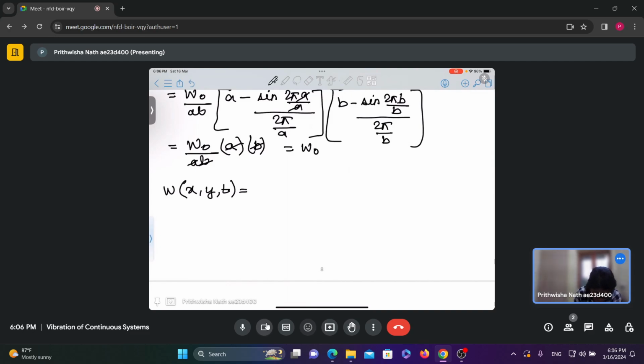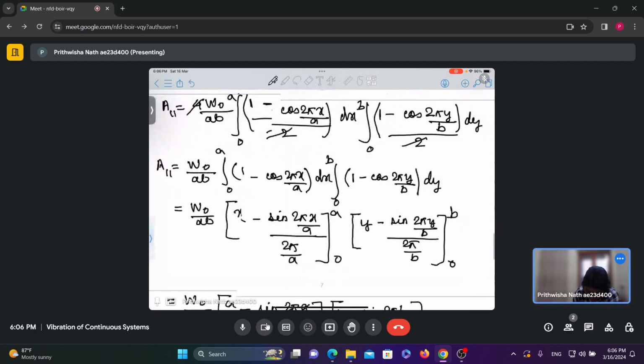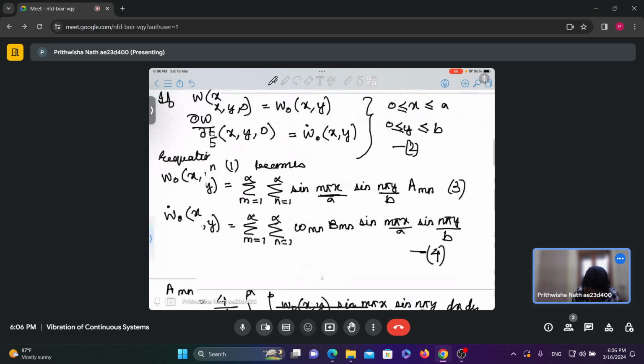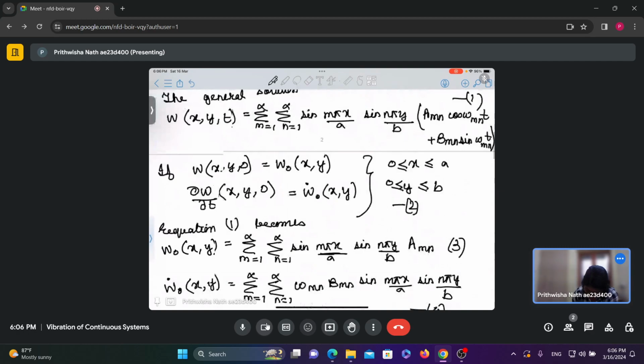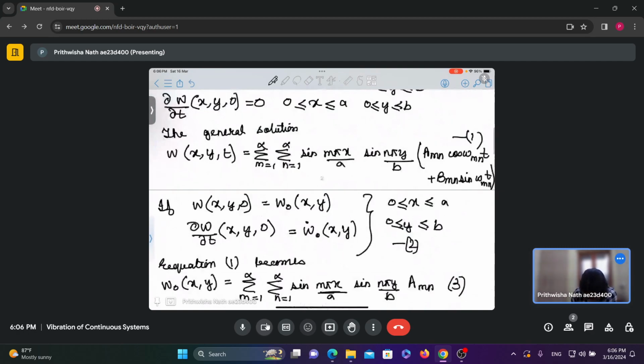So from this equation, what can be written? BMN is 0, AMN is W naught.